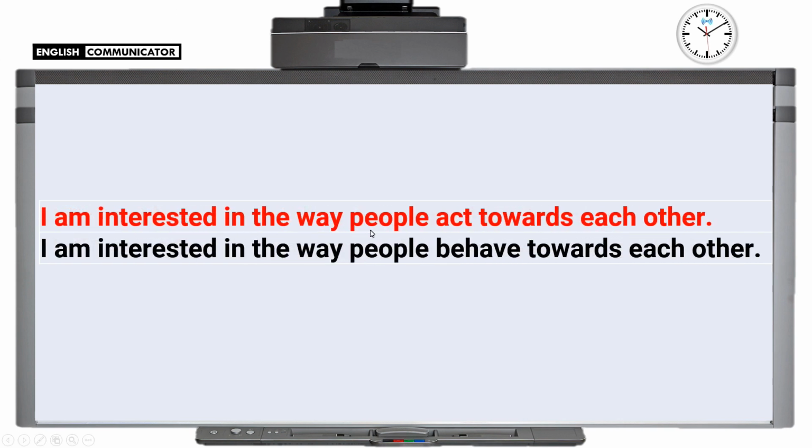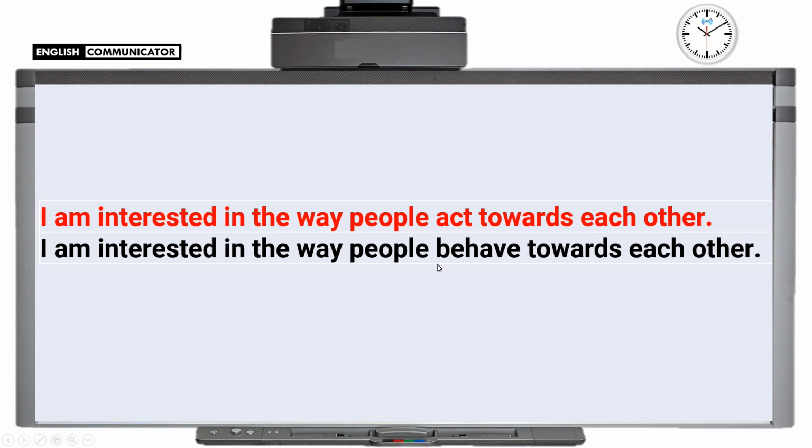"I'm interested in the way people act towards each other." What's wrong in this sentence? I am interested in the way people behave towards each other. You have to behave with other people. You can't act towards people.